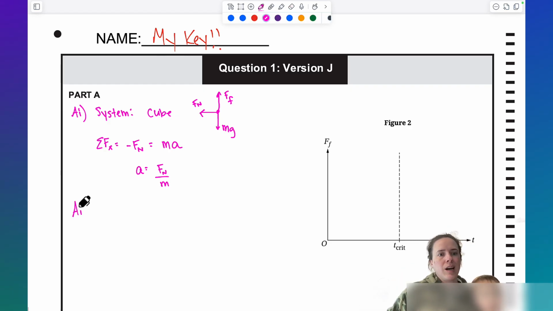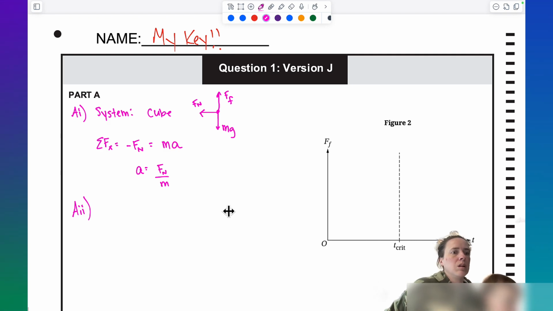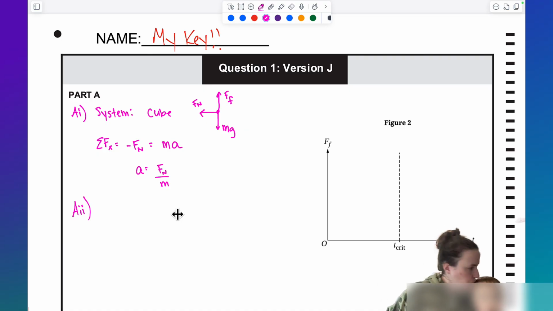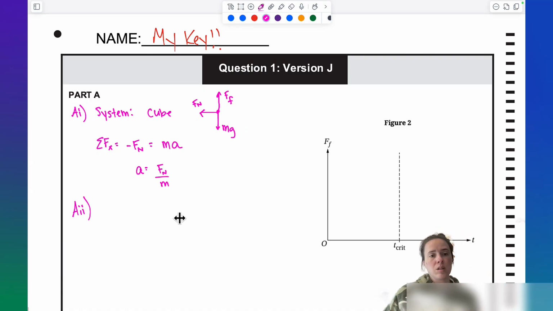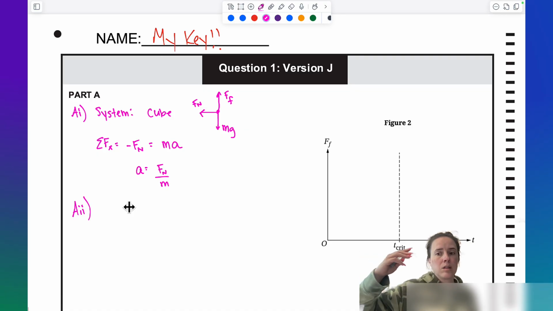All right, for A-II, this is the part where it gets tricksy. We want to derive an expression for the normal force as a function of time t from t equals 0 to immediately before the cube reaches the bottom of the box. So this is the part where the normal force is changing as a result of the box slowing down because of that resistive force.